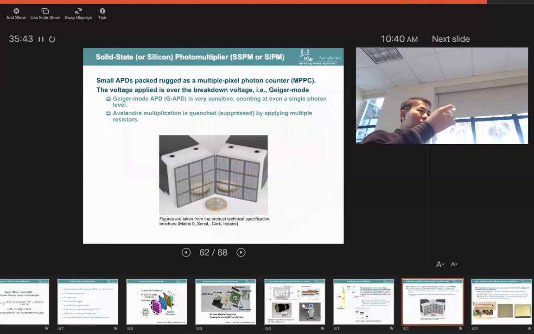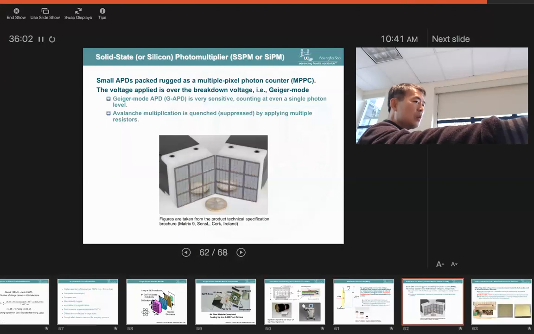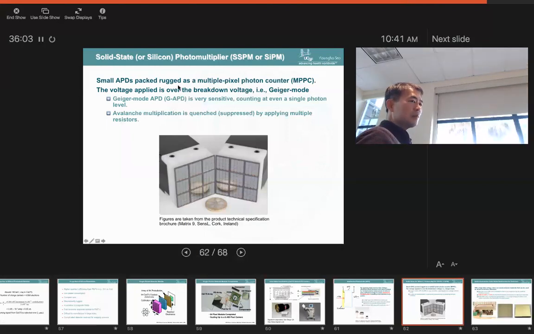But now applying the voltage to make this APD function in Geiger-Müller mode. Whenever you hear about this Geiger-Müller mode of operation, that voltage is such that it sparks. Basically, when a scintillation photon hits that APD mini cell within the solid state photomultiplier, each individual pixel is actually made of many mini cells of APD.